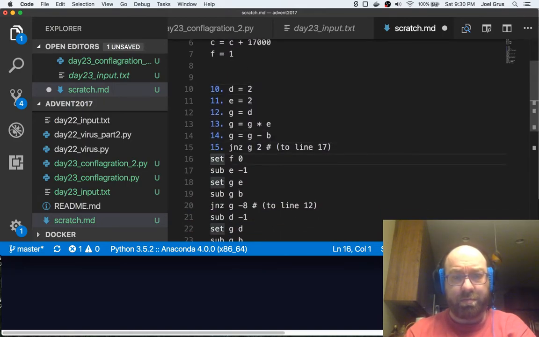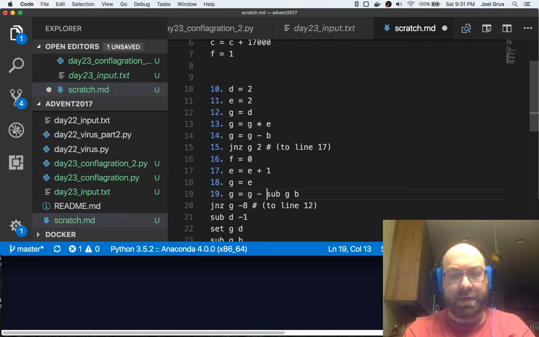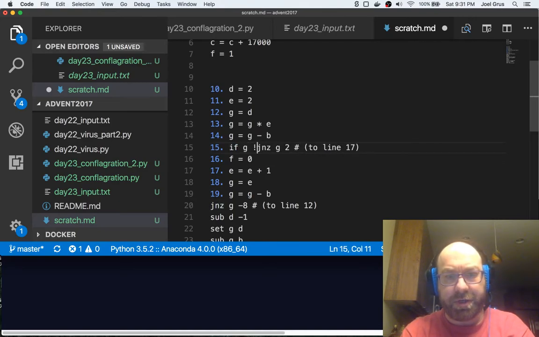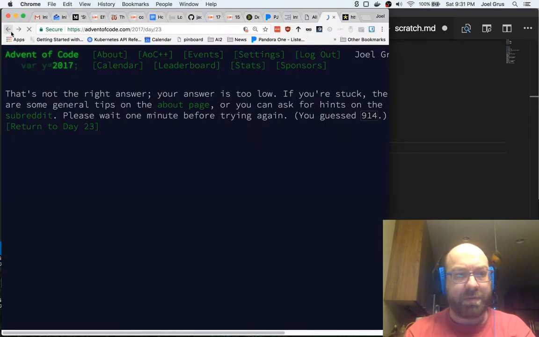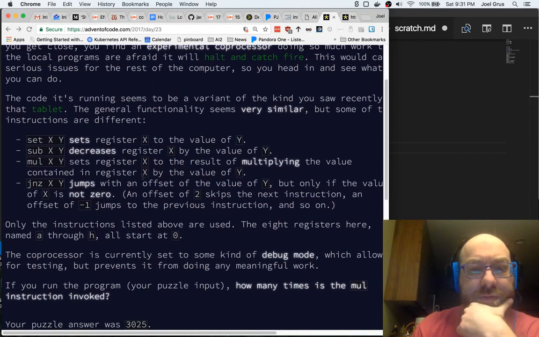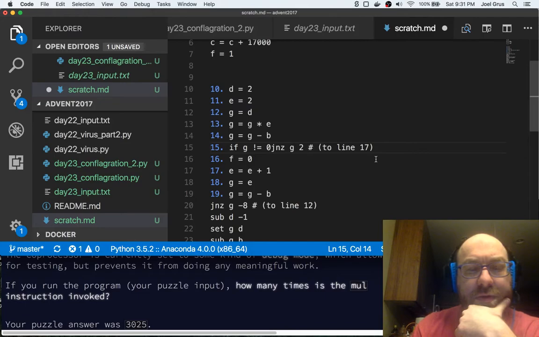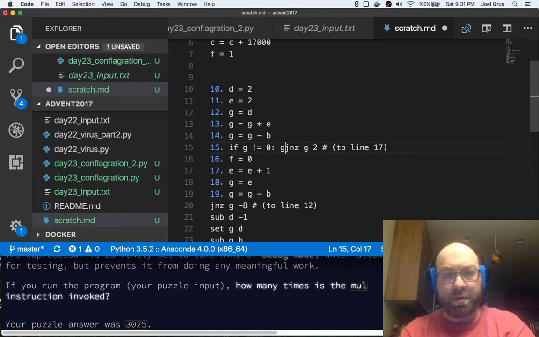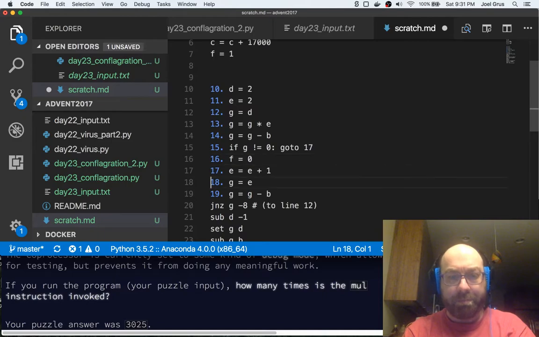And F equals 0. E equals E plus 1. G equals E. G equals G minus B. So let's say if G is not equal to 0, and let's make sure that only if the value of x is not 0. So if G is not equal to 0, go to 17.